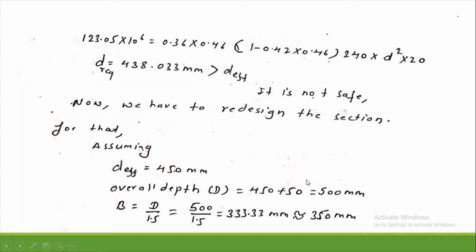Effective cover I'm taking as 50 mm, so I'm getting overall depth as 500 mm. For b, b is D times 1 by 2 to 2 by 3, so I'm taking 2 by 3 of D. After calculating this value I'm getting 333.33 mm, but for more safety I'm taking 350 mm for b.